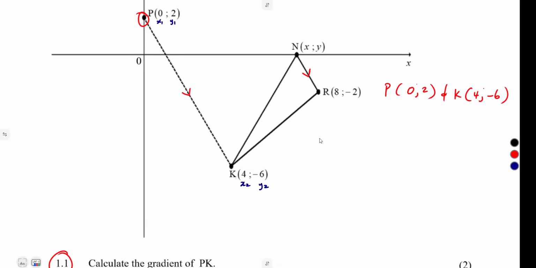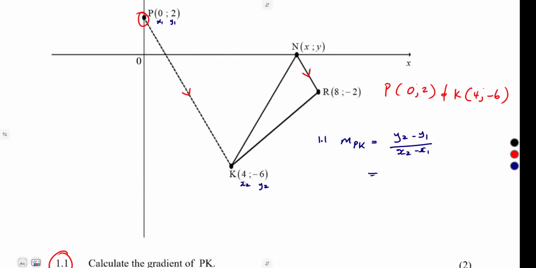So you can simply answer this question to determine the gradient of PK. We understand that the gradient is the change in y over the change in x. So that is going to be y2 minus y1 over x2 minus x1.